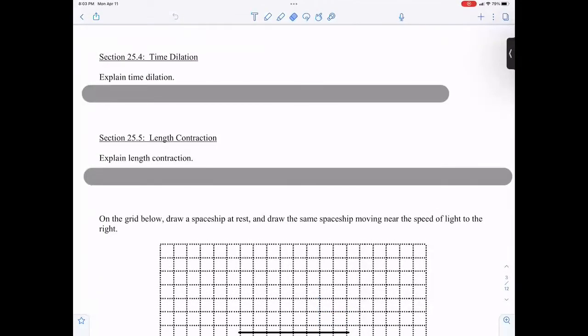Section 25.4, time dilation. Section 25.5, length contraction. In order to get into certain elements of nuclear physics, meaning mass energy equivalence, we need to have a fair understanding of what relativistic energy and what relativistic mass are all about.